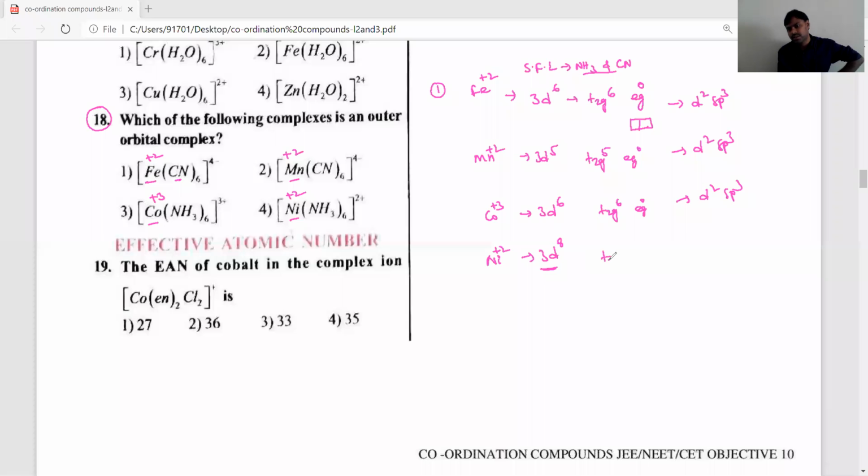Whether weak field ligands or strong field ligands are present, it is t2g6 eg2, with two unpaired electrons, so outer orbitals are involved in hybridization. Its hybridization is sp3d2. So the answer is the fourth option. Note: either strong field ligands or weak field ligands may be present in an octahedral complex.